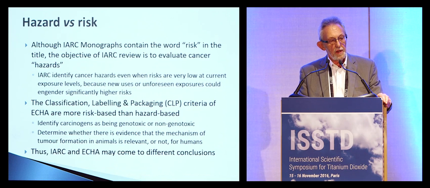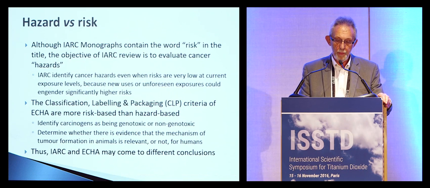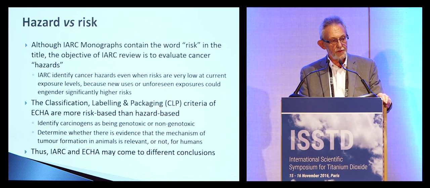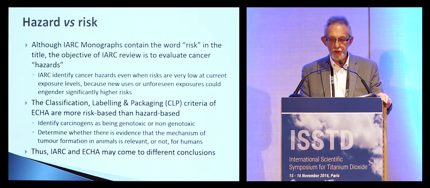By contrast, the CLP criteria of ECHA tend to be more risk-based. For example, they will discuss whether a carcinogen operates mainly via a genotoxic or a non-genotoxic mechanism. They will discuss whether there is evidence to determine whether the mechanism of tumor formation in animals is relevant or not for humans.